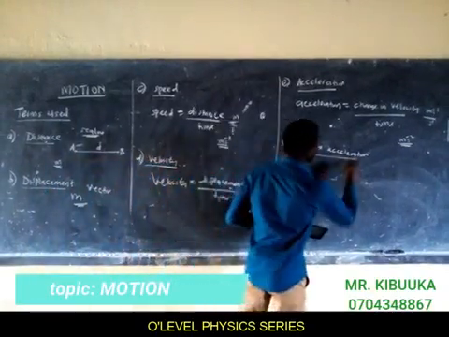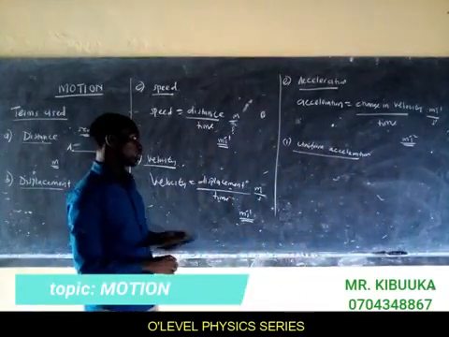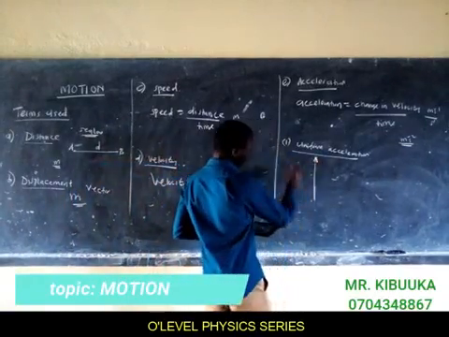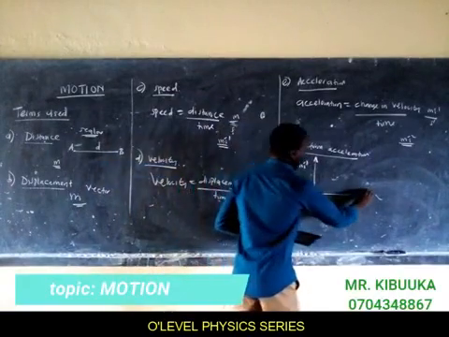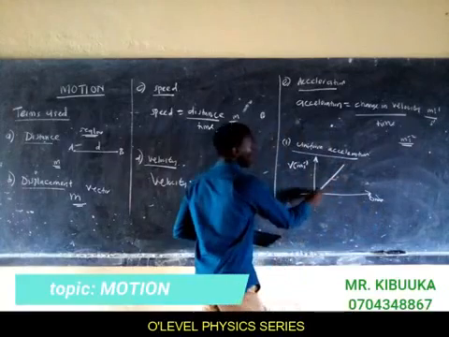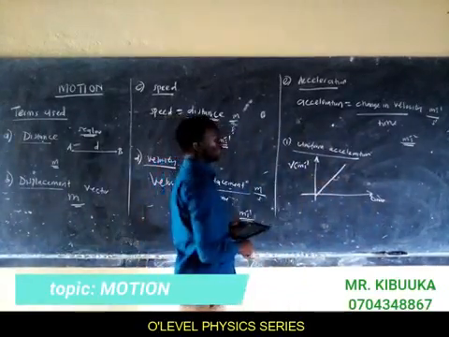Uniform acceleration refers to the constant rate of change of velocity. If I draw a graph of velocity in meters per second against time, this graph is a straight line graph. This implies the change in velocity with time is constant.